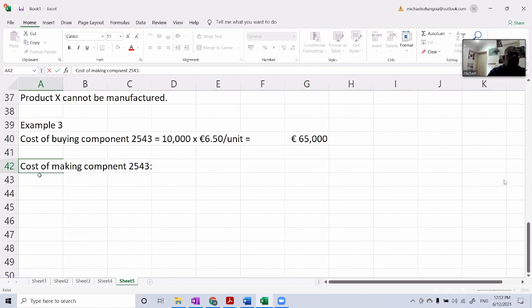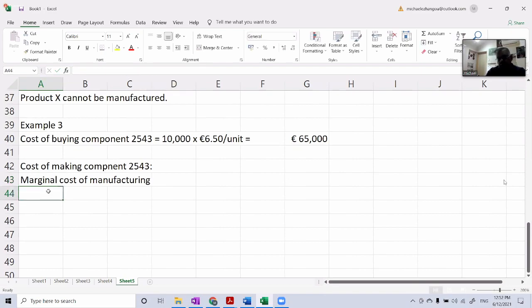Okay, now first we have marginal cost of manufacturing. Spelling error. Okay, marginal cost of manufacturing.